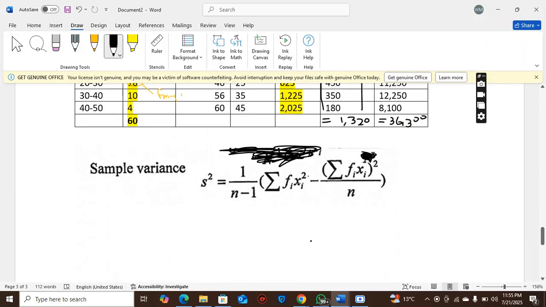So it's just a matter of substitution here. 1 over n minus 1. That is, n was 60, right? Summation of f times x squared, that's 36,300.